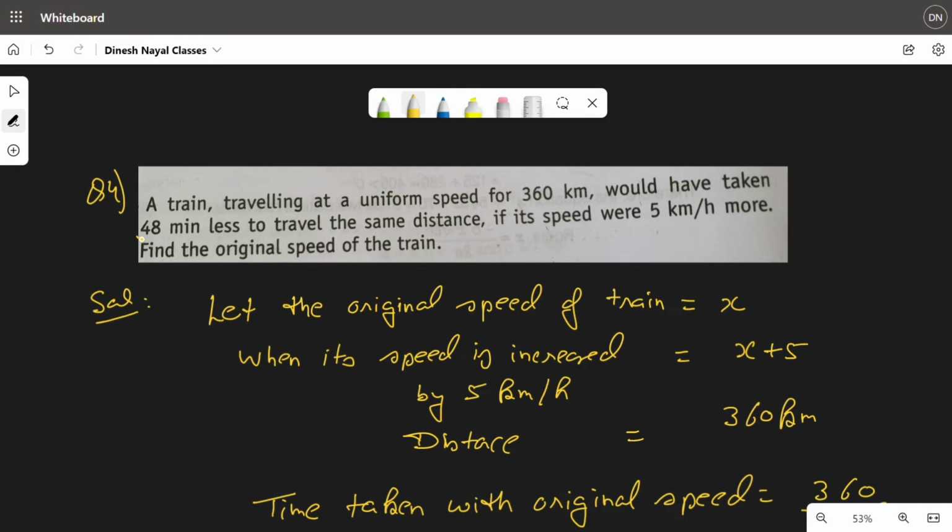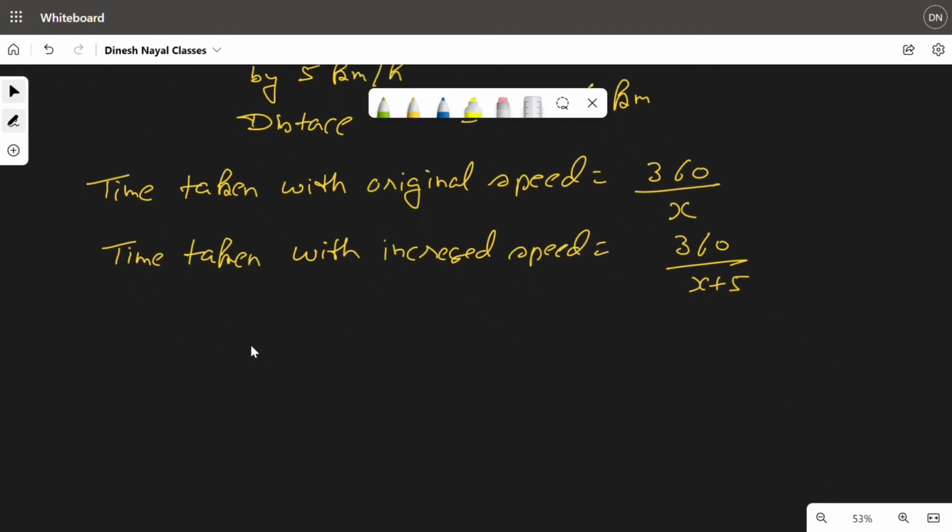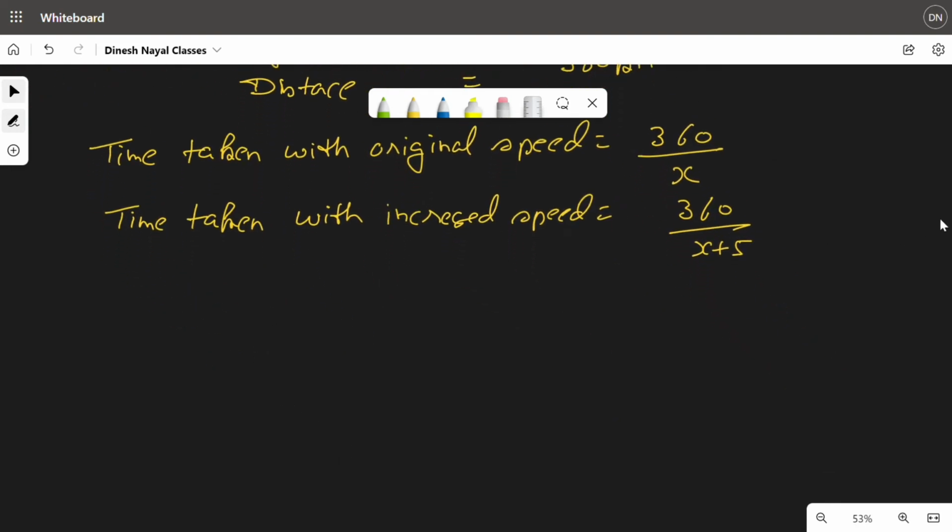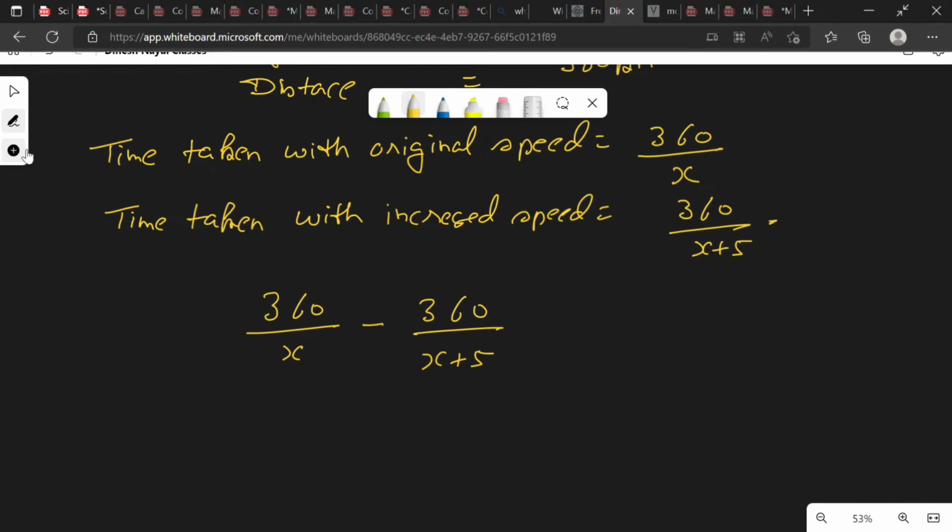Now how much less? 48 minutes. They have given it in minutes, so first of all you have to convert it. To convert 48 minutes to hour, that will be 48 by 60. Comparing the speeds, the time taken in 360 by x is more. So 360 by x minus 360 upon x plus 5 equals 48 by 60.